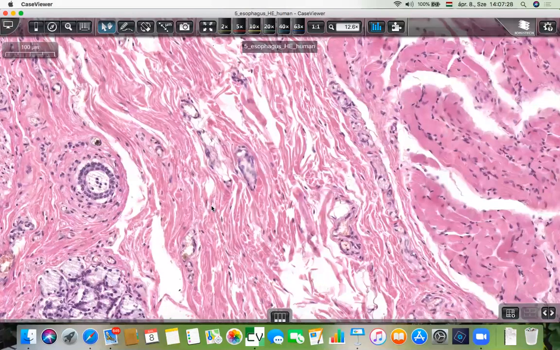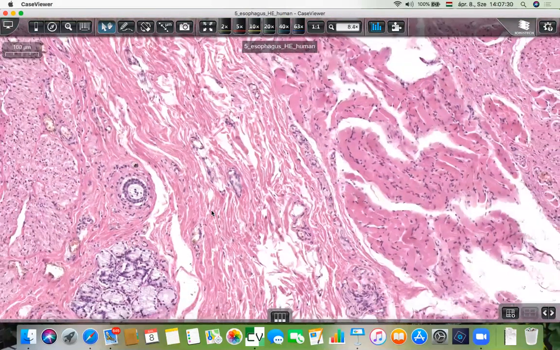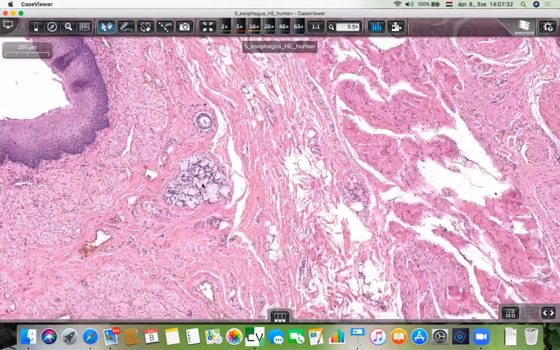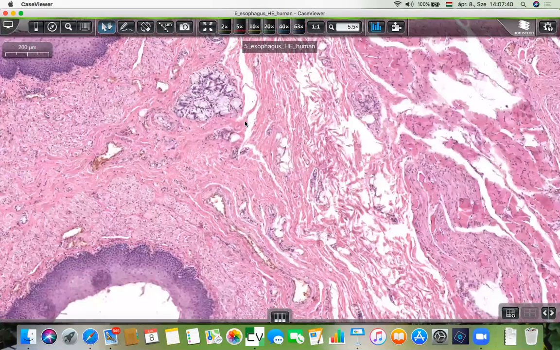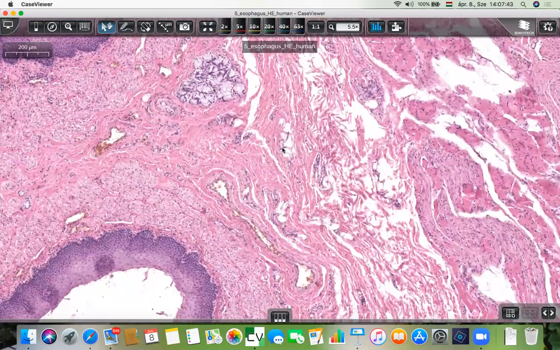These mixed glands, mainly mucus glands, are called esophageal glands, but they are just simple mucus glands, mainly mucus glands.